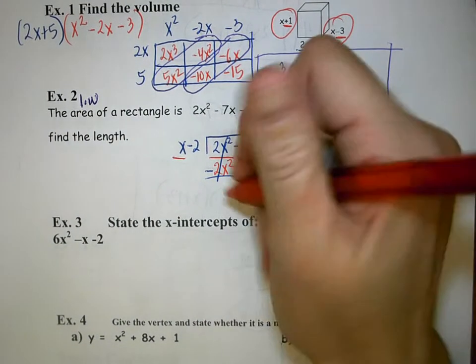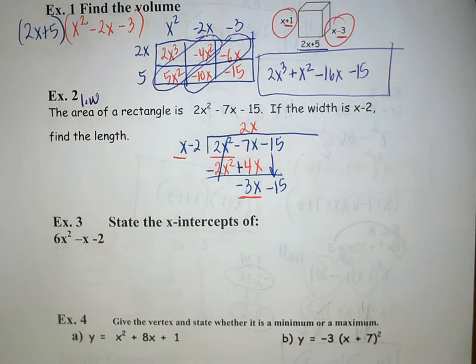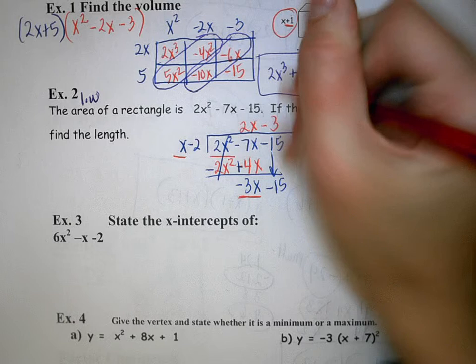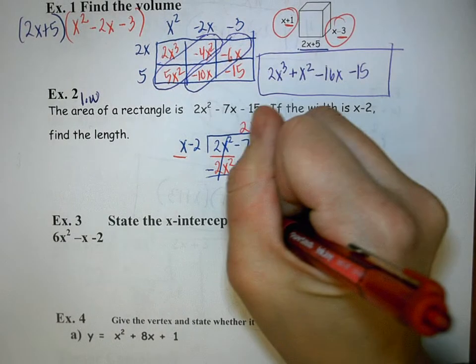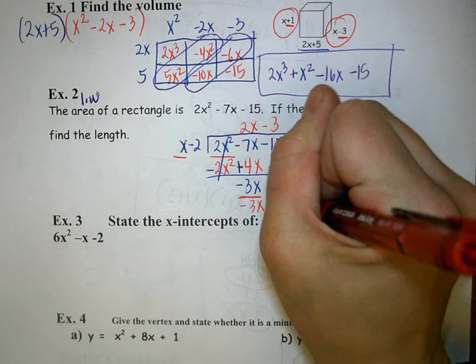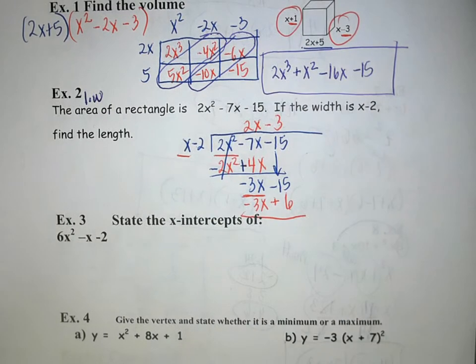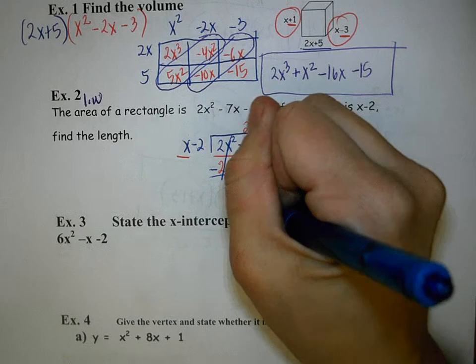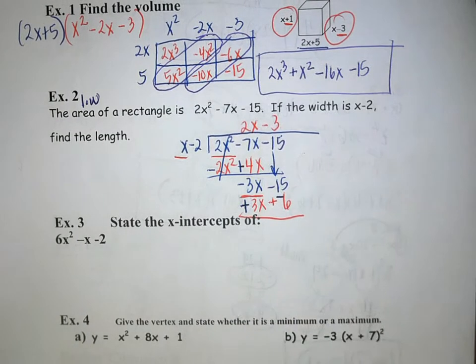Now I'm looking at my first two terms again. x times what makes negative 3x? Good. So we go negative 3 times x, which is negative 3x. Negative 3 times negative 2 makes a positive 6. But what do we always do? Change your signs. This becomes a plus. This becomes a minus.